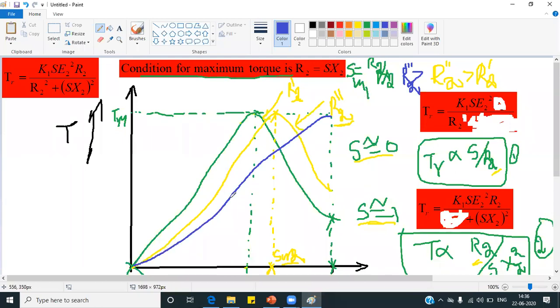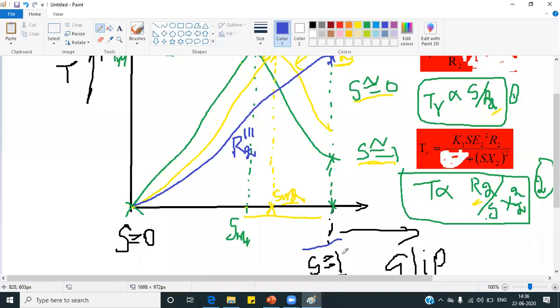So now you see, guys, this blue line is R2 triple dash, a very high rotor resistance. This is very, very special. Why? Because the maximum torque occurs when slip is equal to 1.